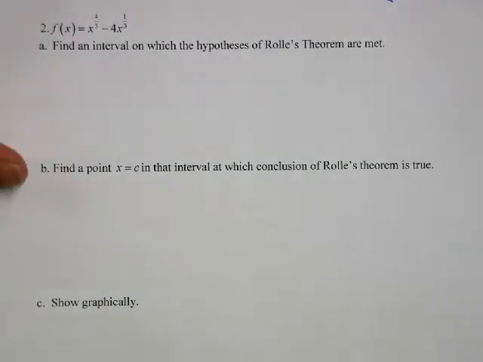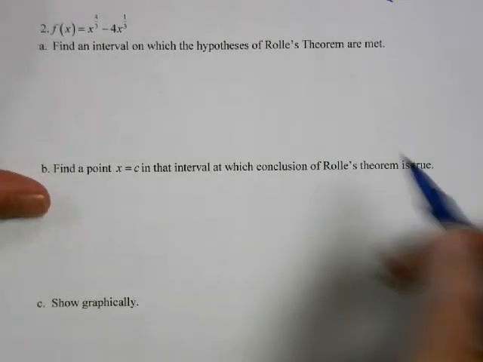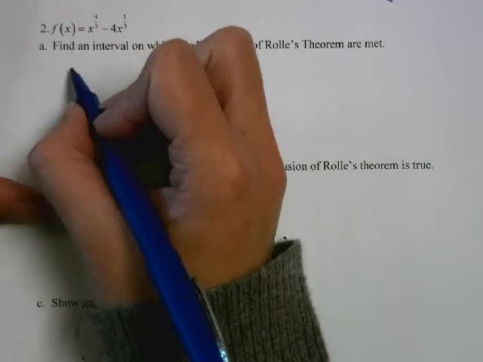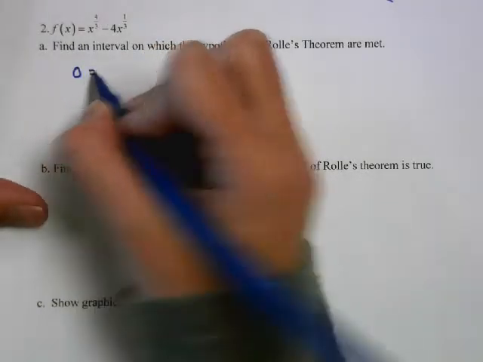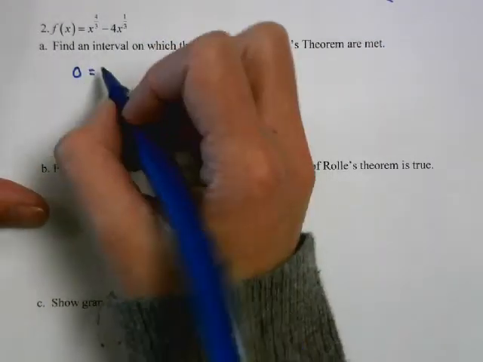Our next equation, x to the 4/3 minus 4x to the 1/3. We're going to find an interval where the hypothesis is met, so where it's differentiable and continuous and the function values are the same. Easiest would be to find two locations where this equals 0.